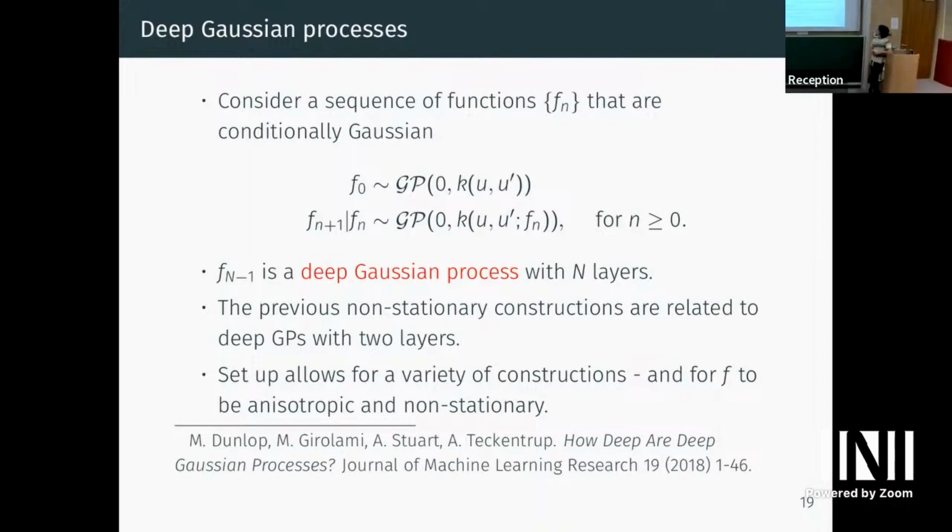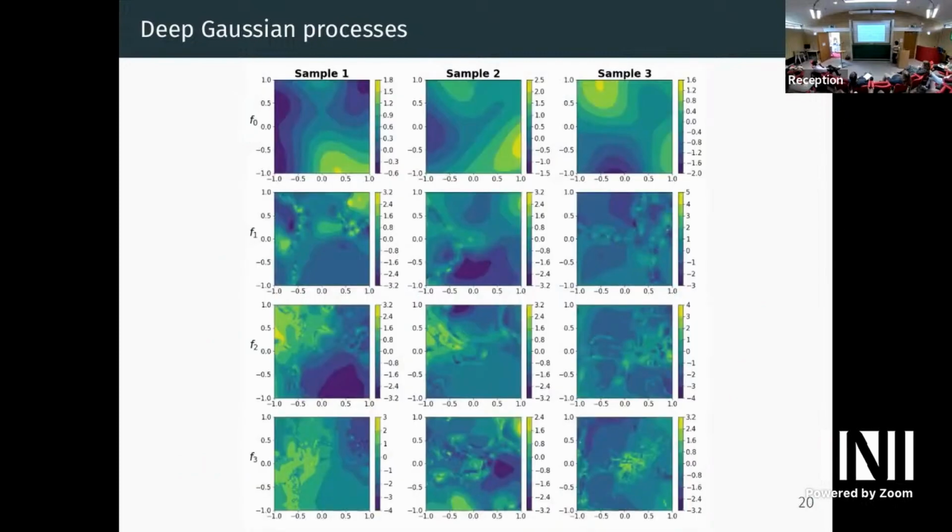So this setup does allow for a variety of constructions. These are just examples of some samples that we can get from these DGPs. This is again not conditioned on data.